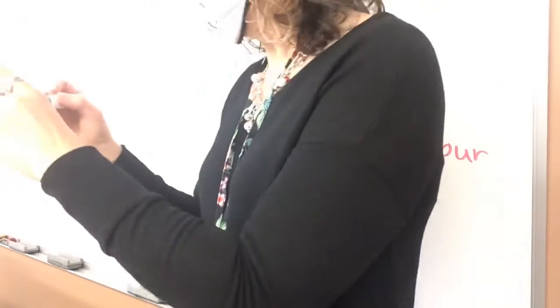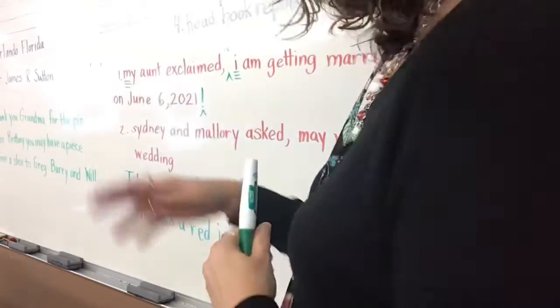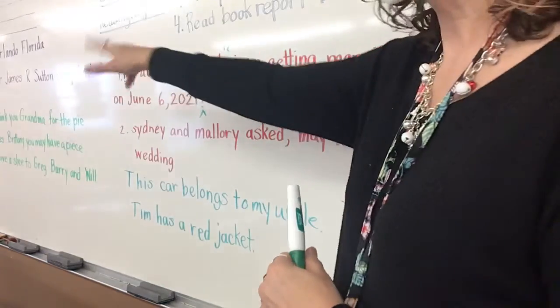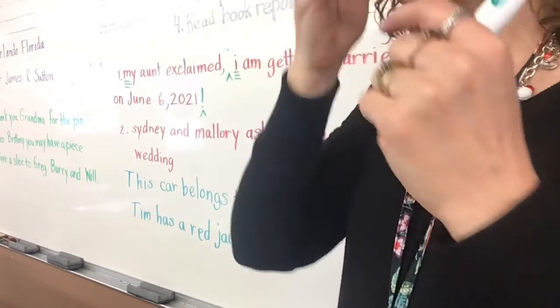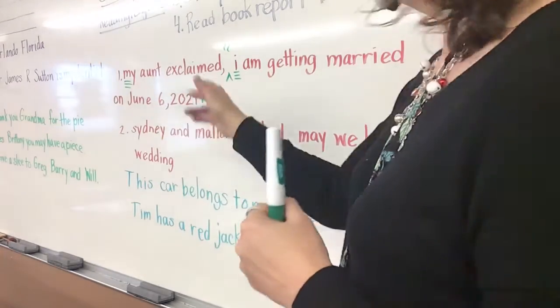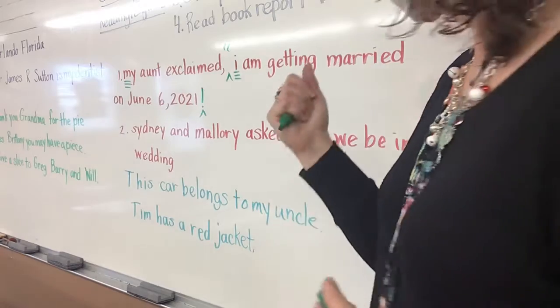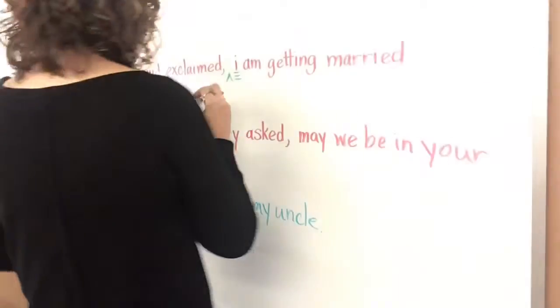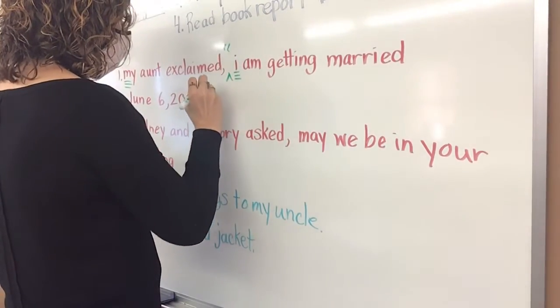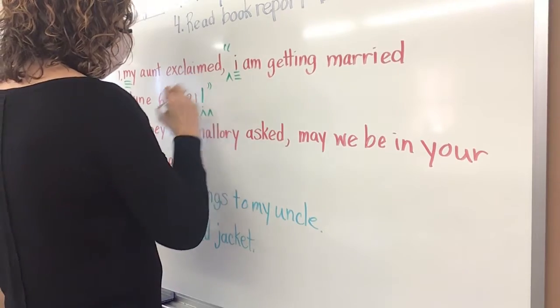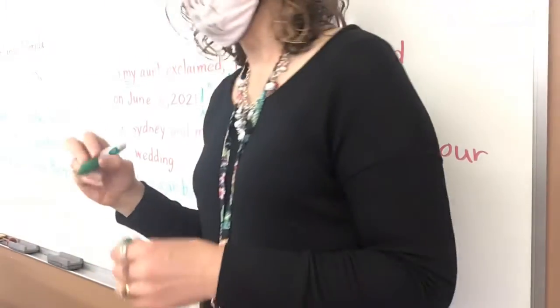How did you know that it was an exclamation mark? Because she exclaimed. Yeah, she says exclaimed. My aunt exclaimed. That means she was excited. Alright? And one more. Paige. Insert quotation marks after the exclamation mark. Yes, very good. Insert a quotation mark after the exclamation mark.